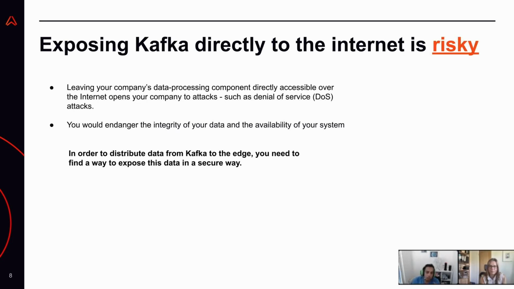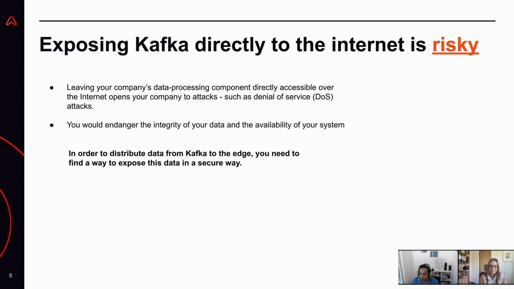So that goes one step further: exposing your Kafka to the internet directly is a bad idea. By default, Kafka doesn't actually come with any security enabled. With Apache Kafka, you have to enable all the features very carefully, from SASL to TLS to everything else. By default, you can just connect with no passwords.